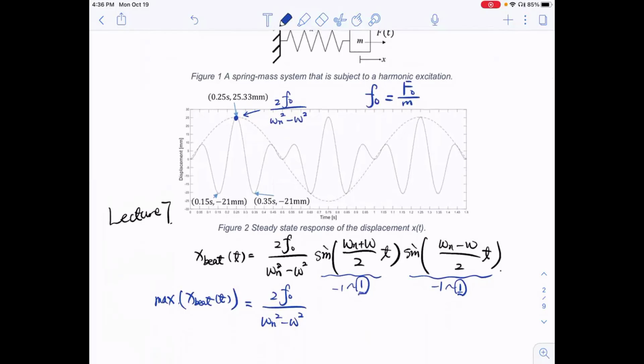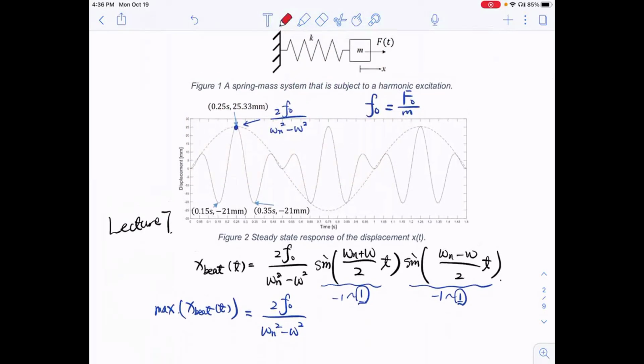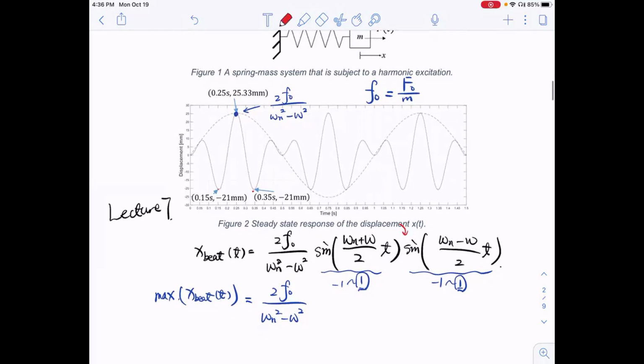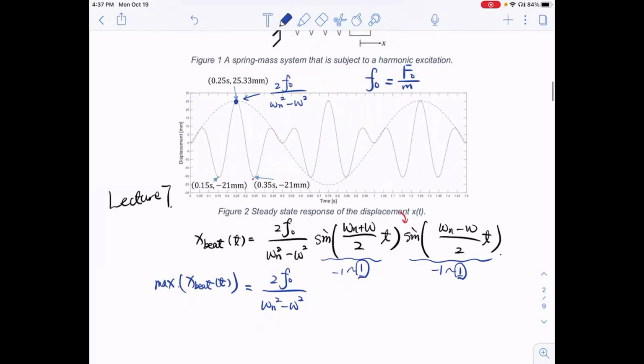That's one way to do it. I think a lot of you did this in a different way. Because I already gave you 3 data points, some of you plugged these data points back into this equation and solved for f0 numerically using MATLAB. That's also feasible, but it takes more time and is not convenient. So that's for the amplitude.